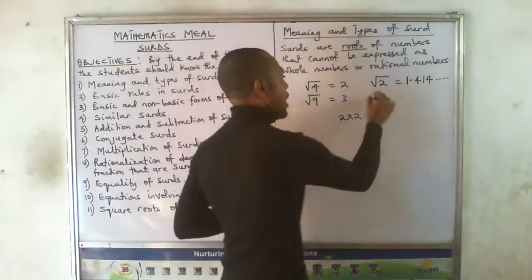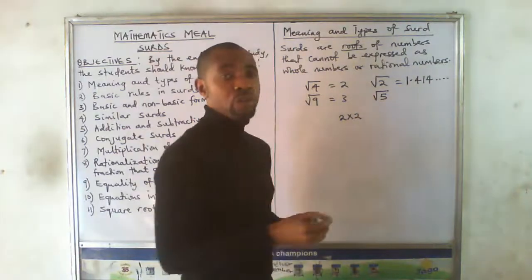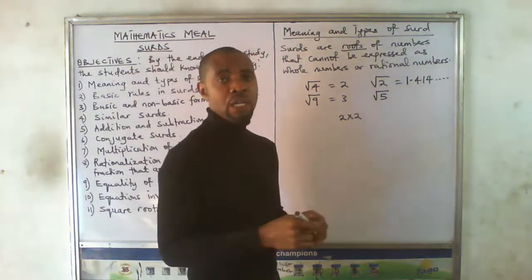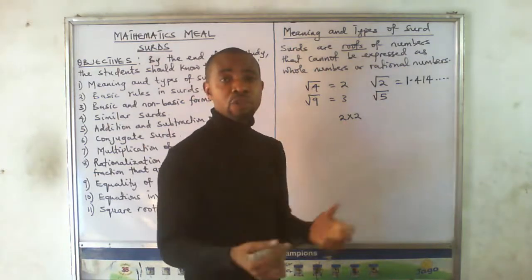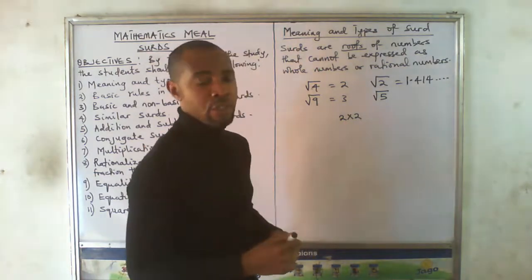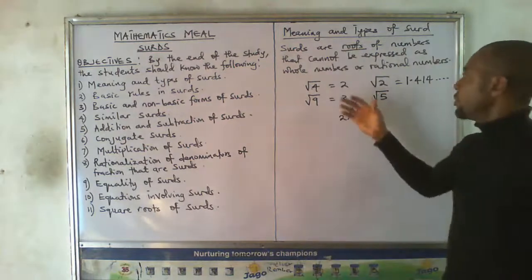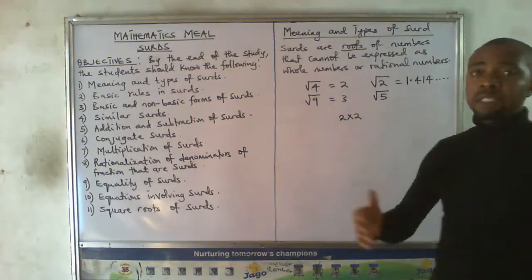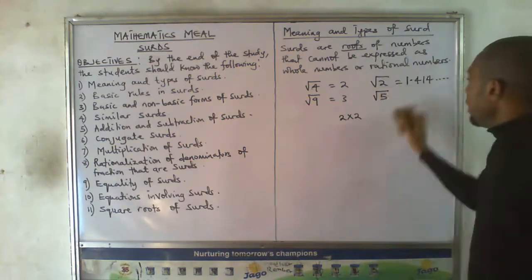So if I have square root of 5 now, I cannot express square root of 5 as what? As a whole number. Then square root of 5 is also what? It's also a surd. So when we leave numbers in root form, those numbers are in what? Are in surdic form.